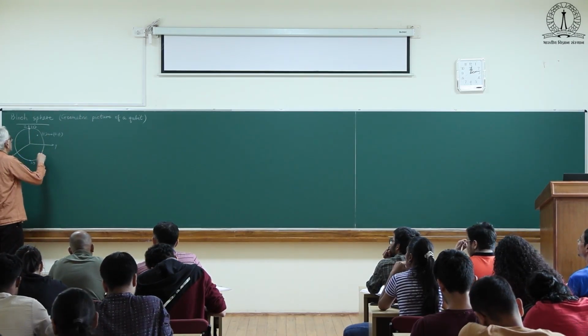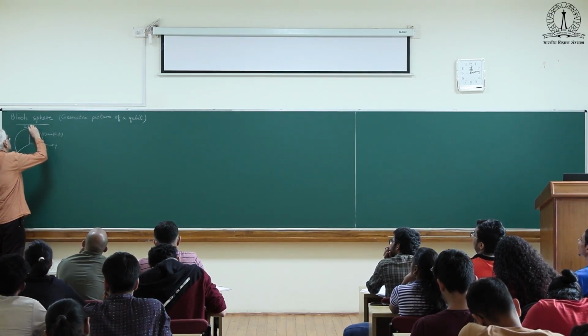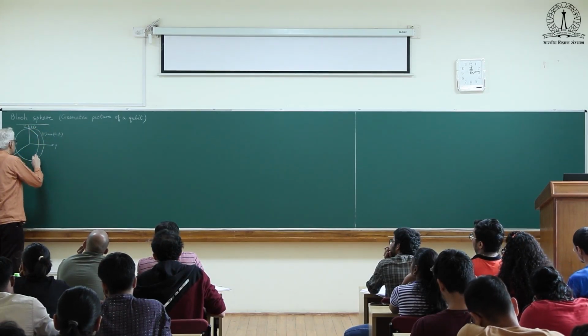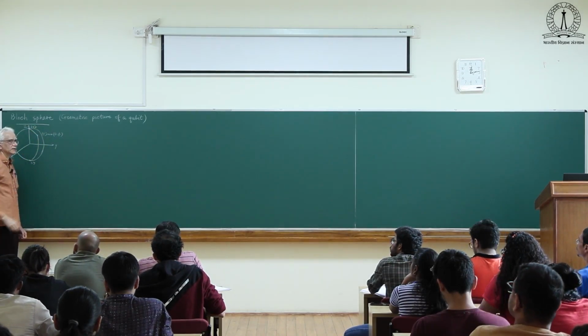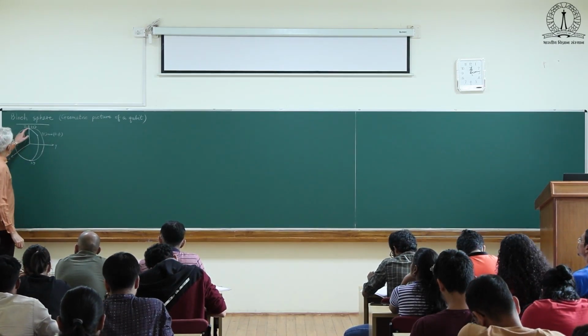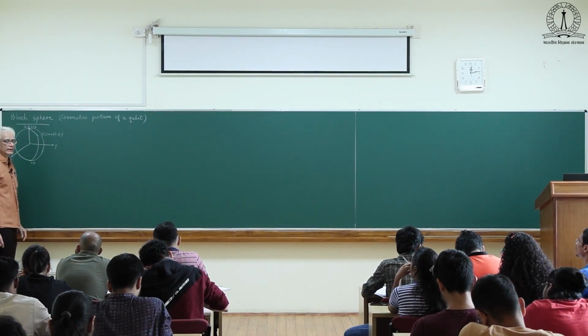And how are these angles picturized? So you draw what is called a great circle or a longitude, which passes from north pole to south pole and goes through that particular point.